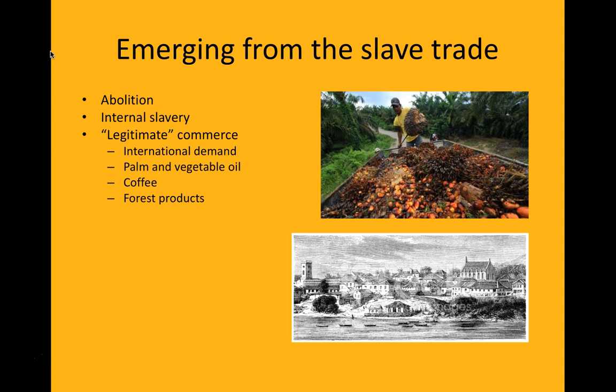The number one product was palm oil and other kinds of vegetable oils. The image at the top of the slide here shows these oil palm clusters. Okay, these bunches of essentially the fruit of the oil palm, and these things can be pressed and turned into oil.